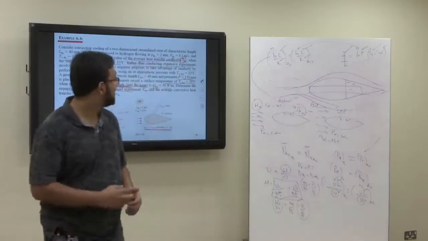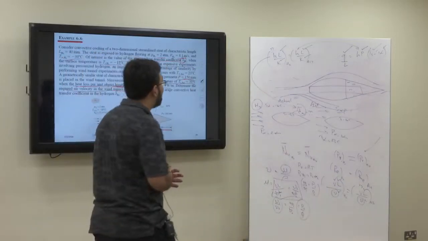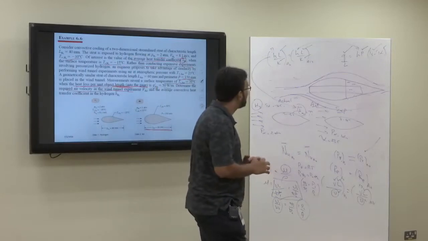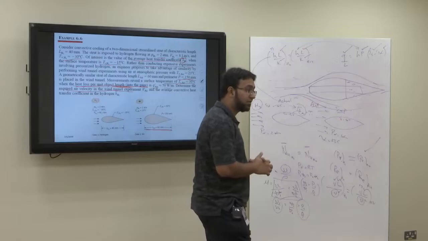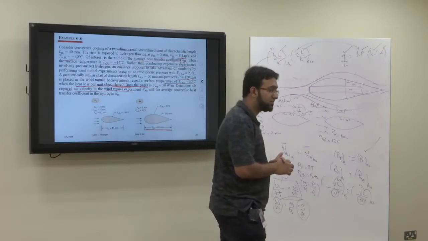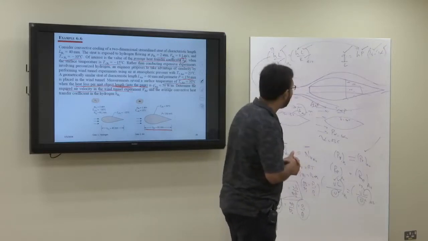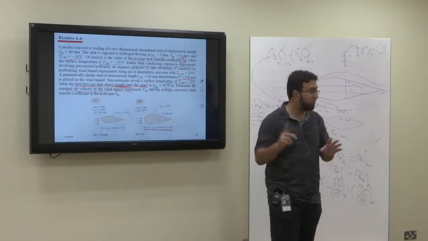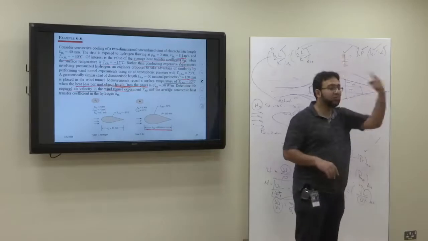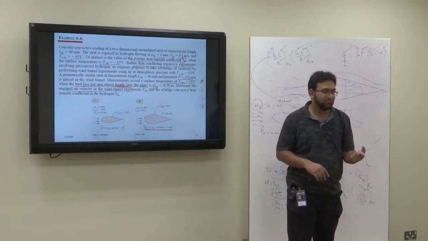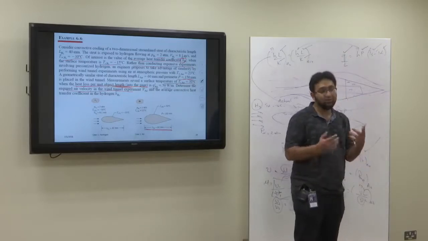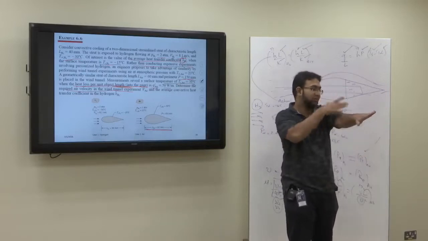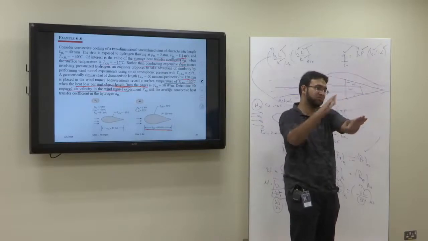Can we solve without multiplying by L? Yes, if the length was given. But here the heat loss was given per unit length, so it's different. Heat loss per unit length means, if this is my wing, per meter length of the wing, what is the loss given?